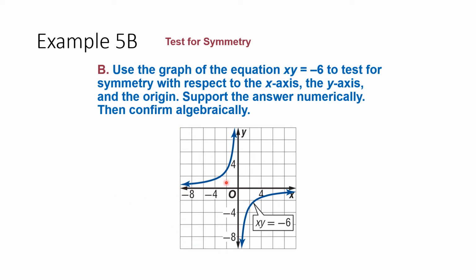No. Is the x-axis the mirror? No. Then is it symmetric about the origin? If we rotate this graph 180 degrees, will we get the same graph again? Yes, because this will come up and this will come down. So from the graph, it is symmetric about the origin.